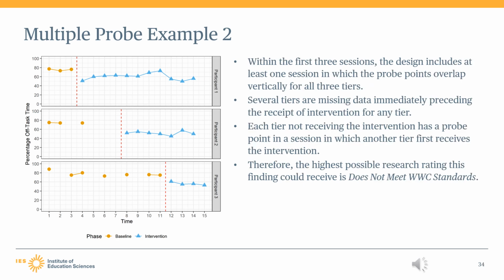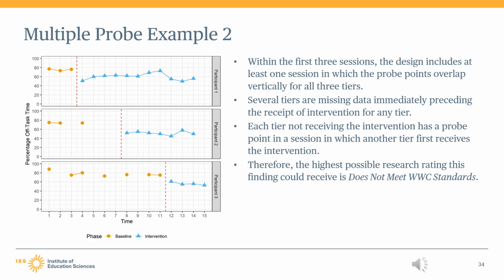If we then assess the 3 final multiple probe criteria, first we see that, as in the last example, all 3 tiers have a vertically overlapping probe point at time 1. When we evaluate the second multiple probe criterion, not all tiers meet the requirement for overlap preceding intervention data collection. Tier 2 does not have a data point at time 3, which immediately precedes the intervention for Tier 1.